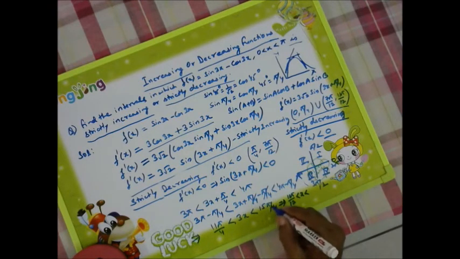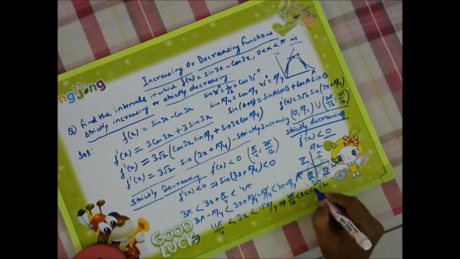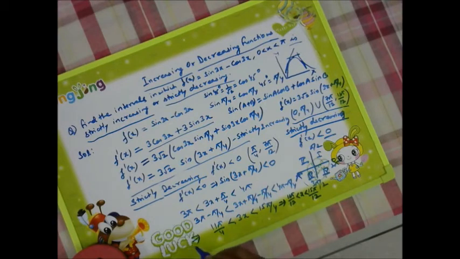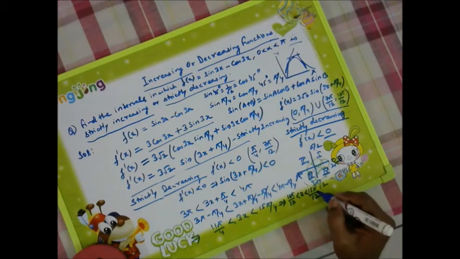So for 15 pi by 12, 3 will cancel with 5, it will become 5 pi by 4, or we can write 15 pi by 12. So 5 by 4 pi is there, right?